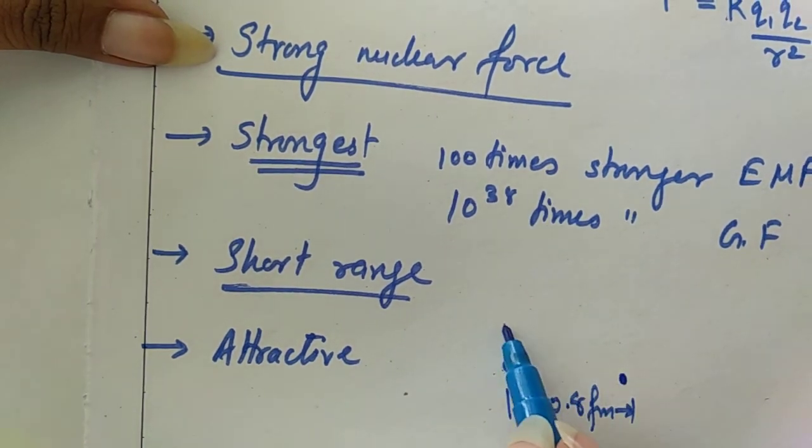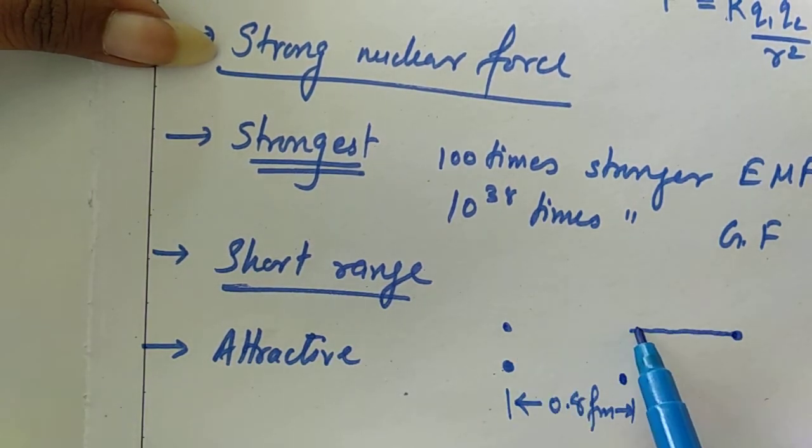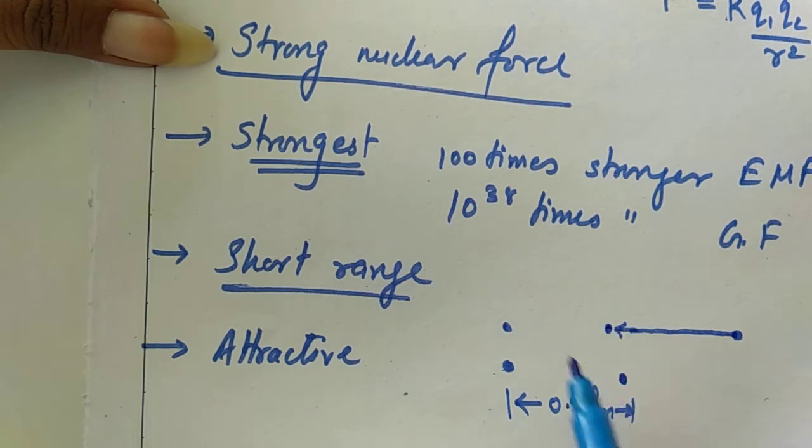If the distance is bigger than 0.8 Fermi, then the force will be attractive in nature. So it will attract this particle, and it will come closer. Suppose it comes till here, and now the distance is 0.8 Fermi. Beyond this, if I decrease the distance, then the nature of this force will become repulsive.